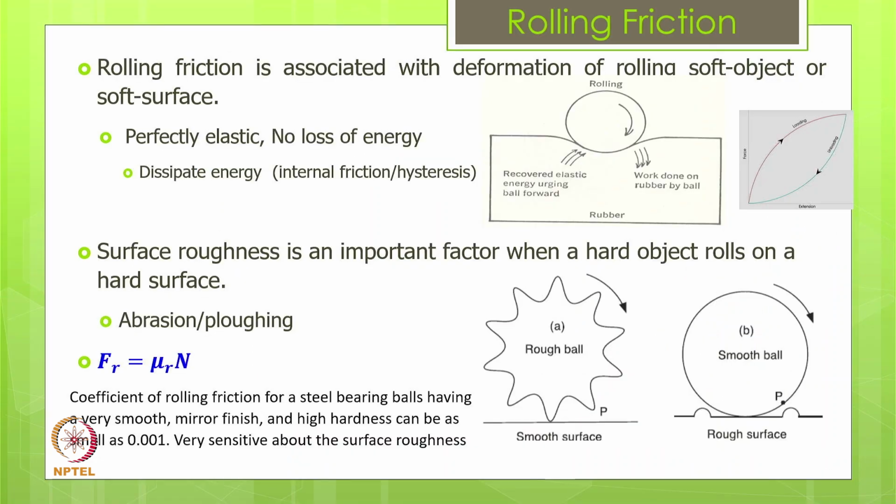Now we discuss something about hysteresis. We know that this is a part of rolling friction, and you can see there is a rolling ball on this rubber sheet. Whenever the steel ball rotates on the rubber sheet, what will happen? The front portion will get depressed, and the back portion will get released.